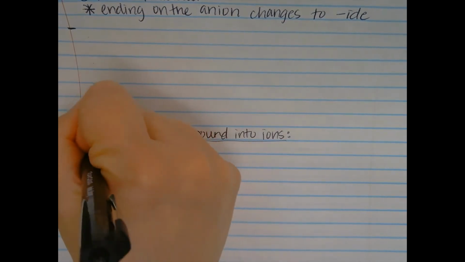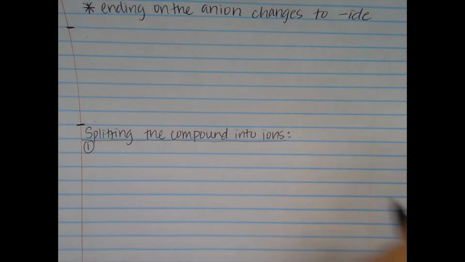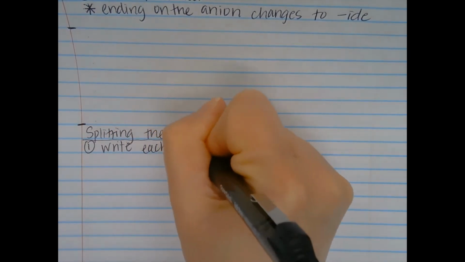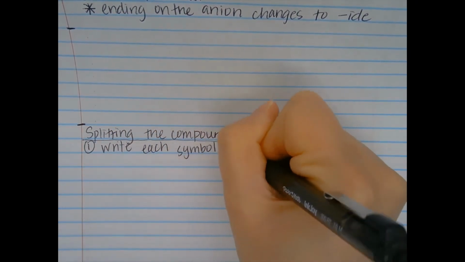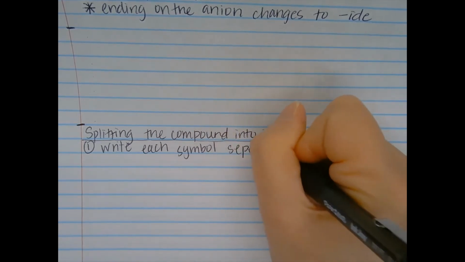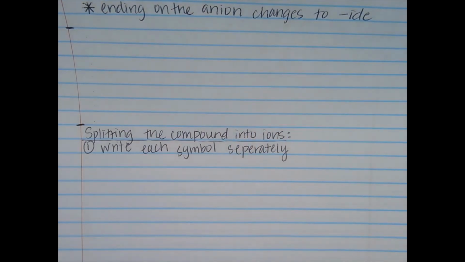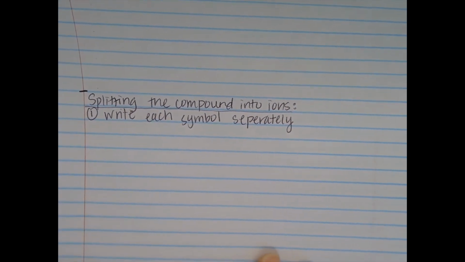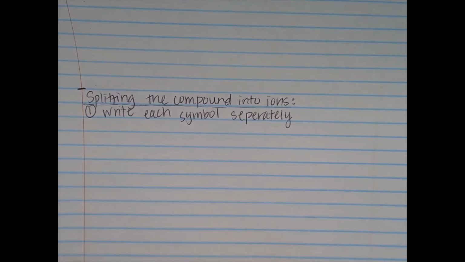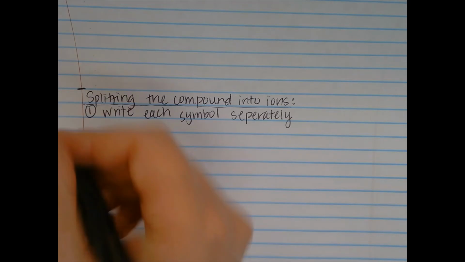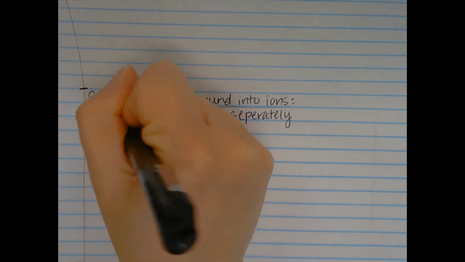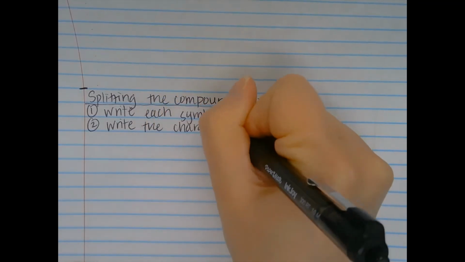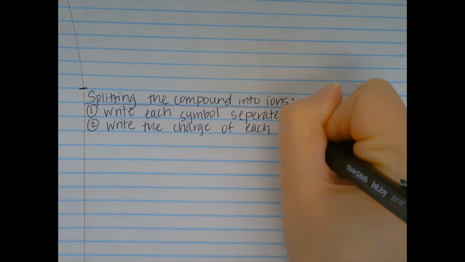Okay? So number 1, let's just write the steps out first. Number 1, write each symbol separately. Step 2, write the charge of each element.